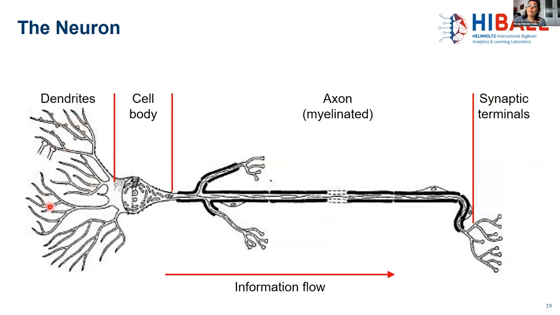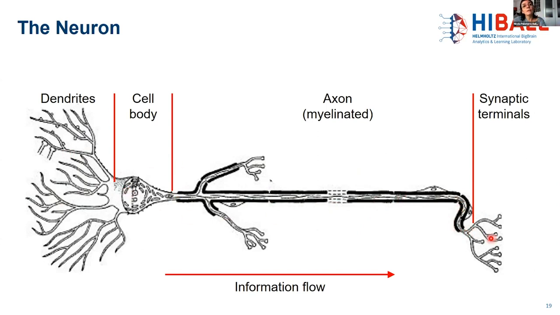It's got dendrites and it's got an axon, which can vary in length depending on the type of neuron that we're looking at. And it is myelinated, it's covered in a so-called myelin sheath. That's what's indicated here by these thicker black lines in this part on the axon, than, for example, in the dendrites and in the cell body.